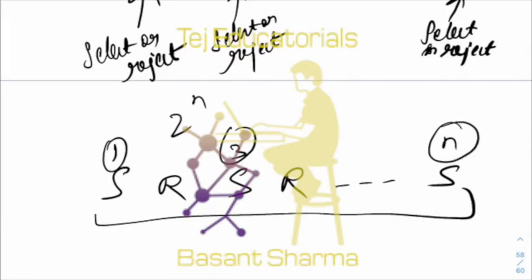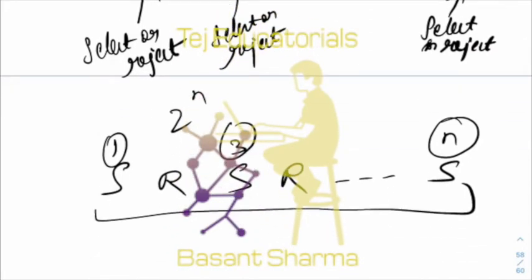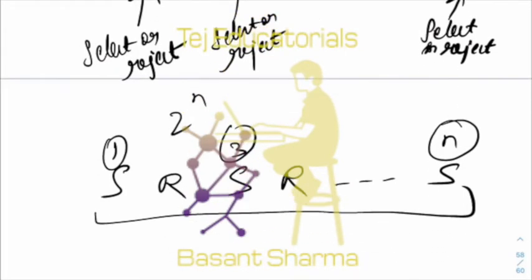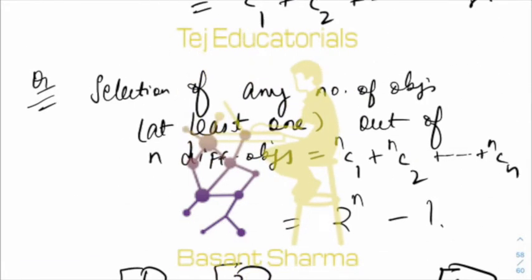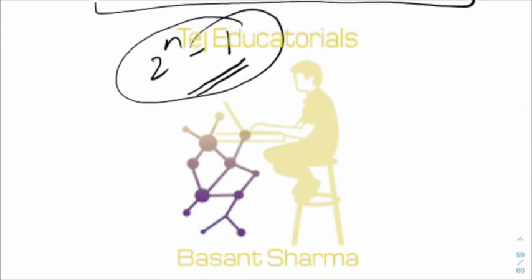So this is one way of selection. So corresponding to every sequence of select or reject, I get one choice. So how many total choices are there? There are 2 to the power n. But this includes one case when I did not select any object at all. So I subtract that, because the question is selection of any number of objects, at least one.